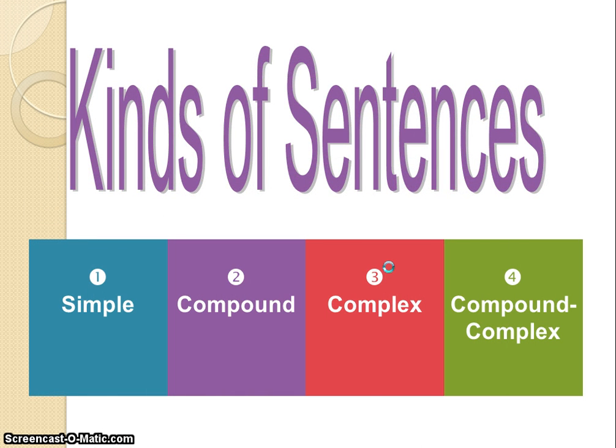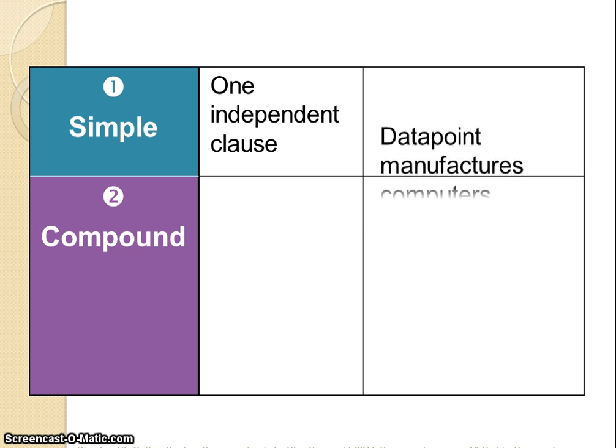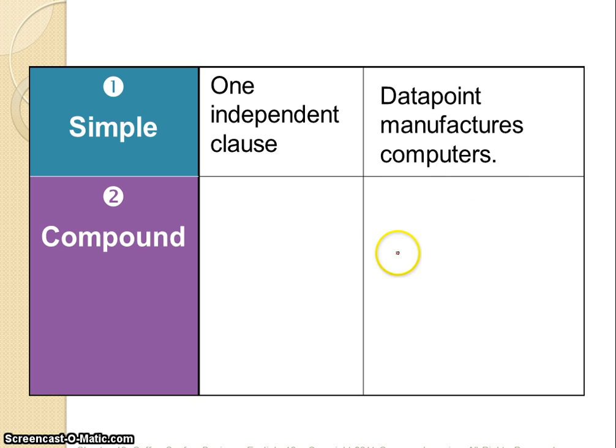Okay, and the sentence variety, we've talked about simple and compound. We're going to go ahead and expand on complex and compound complex sentences in this section. And as a review, simple sentences have one independent clause. And here's an example: Data Point manufactures computers.